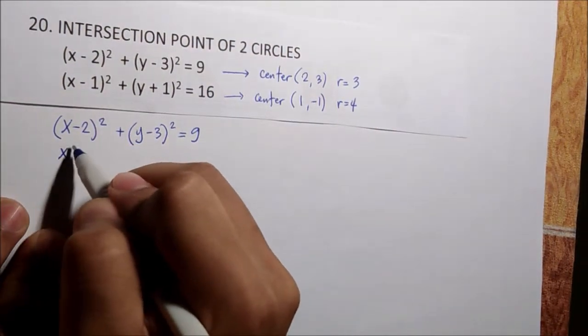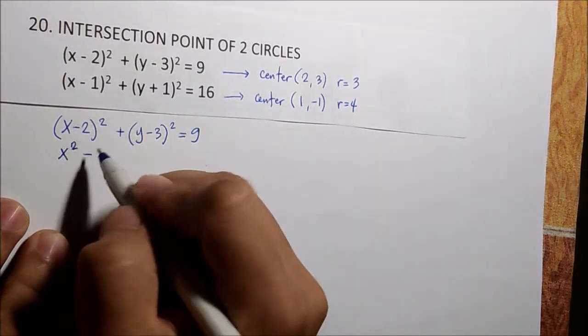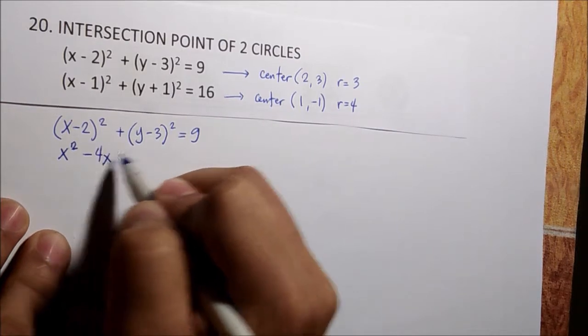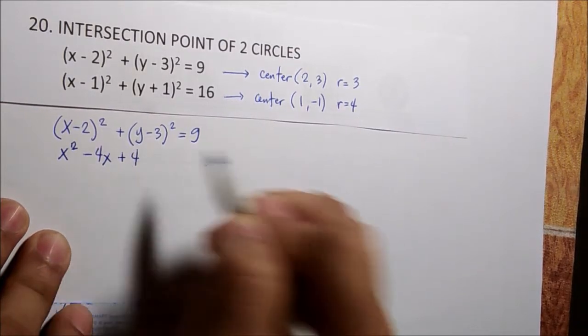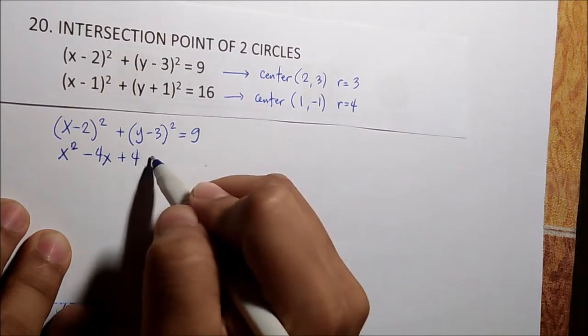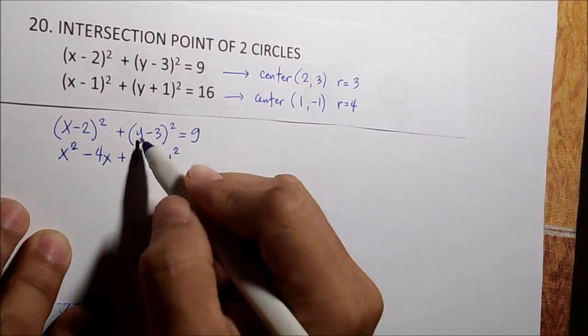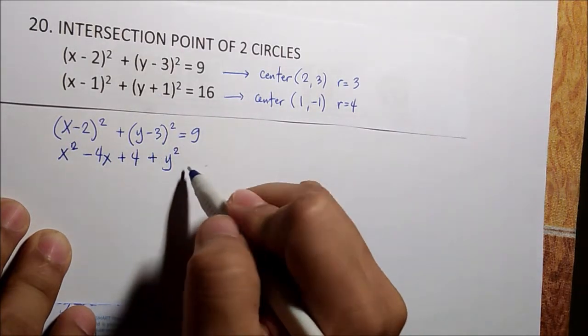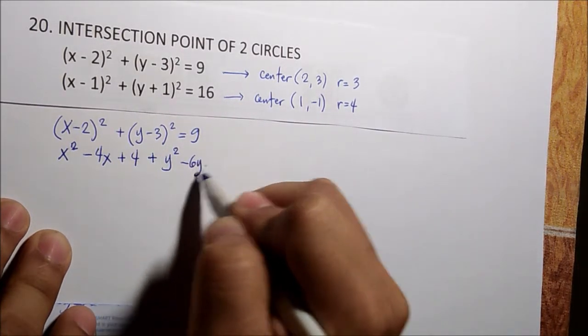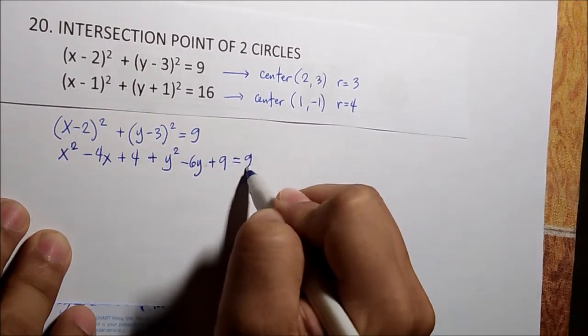This is the square of the first term, minus twice the first term and the second term, we have 4x, plus the square of the second term. Next, y squared minus twice y and 3, that is minus 6y plus 9, that is equal to 9.